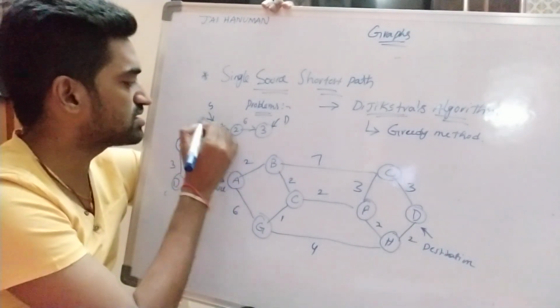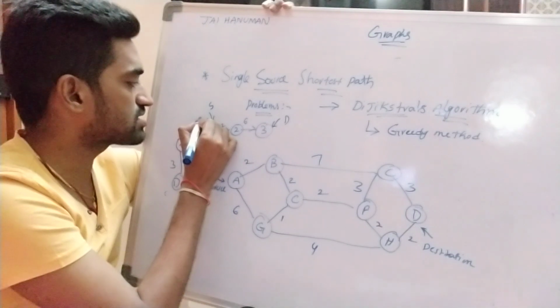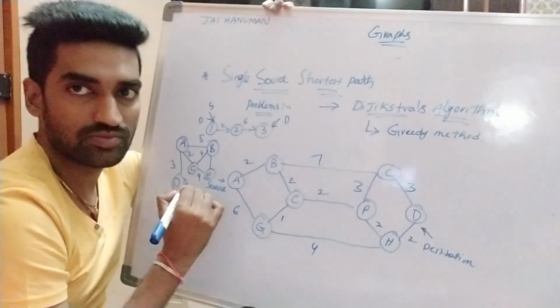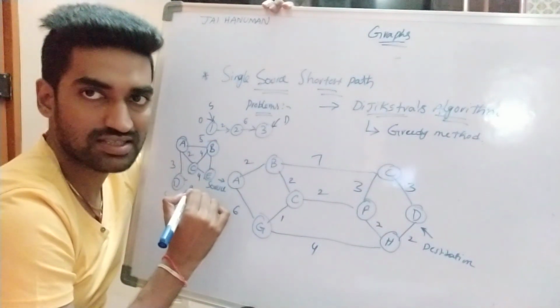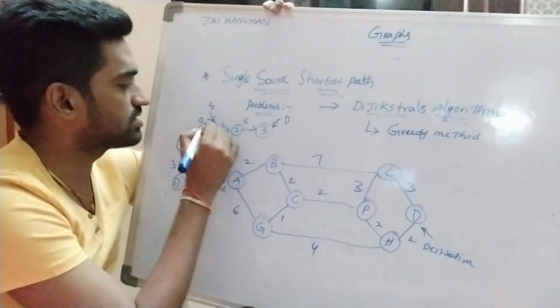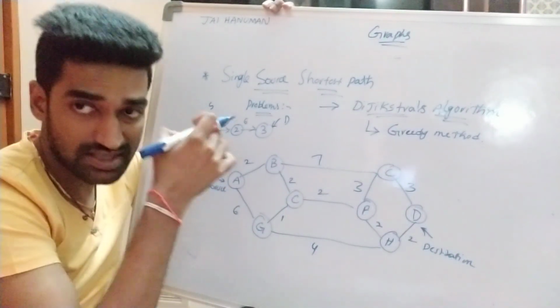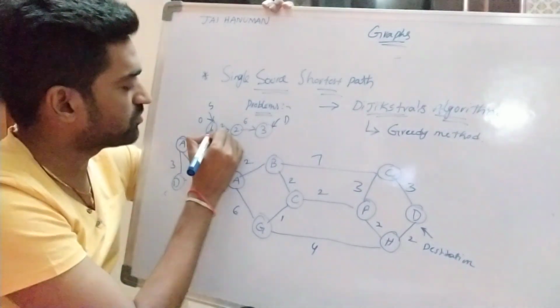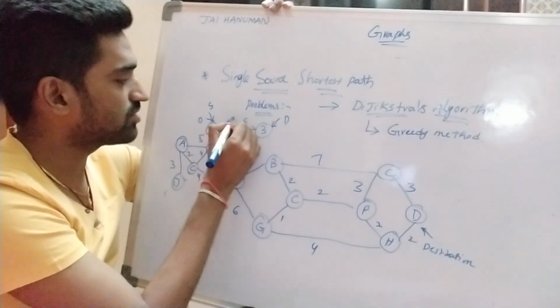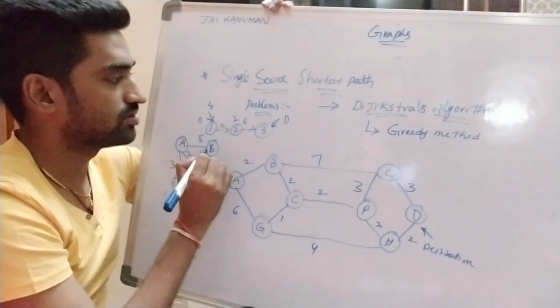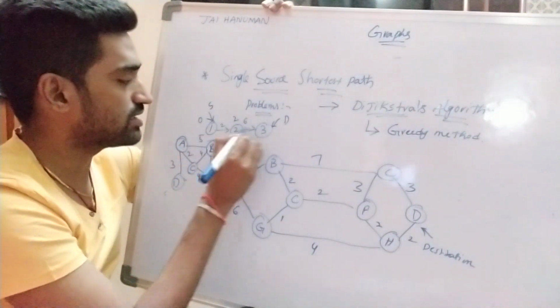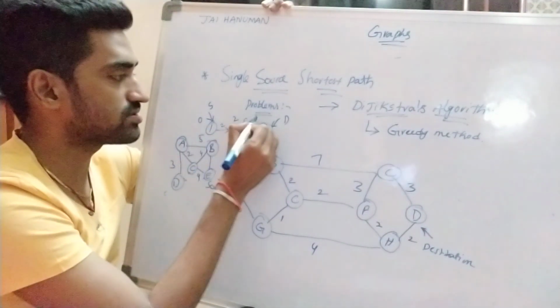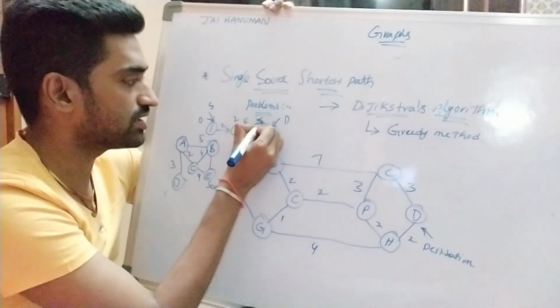So initially, the source cost, the distance, can be considered as 0. Then from 1 to 2 a path is possible. What is the distance? 2, right? From 1 to 3 there is no direct path, so here I am representing infinity.